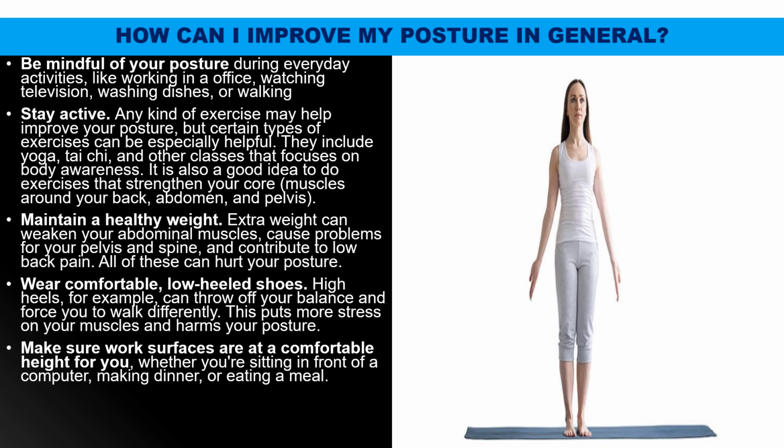So they must be matched, which will help us sit properly and work properly. So make sure work surfaces are at a comfortable height for you, whether you are sitting in front of your computer, making dinner or eating a meal. At that time we must have a comfortable height chair and table. So these are the things that help to improve our posture, right?